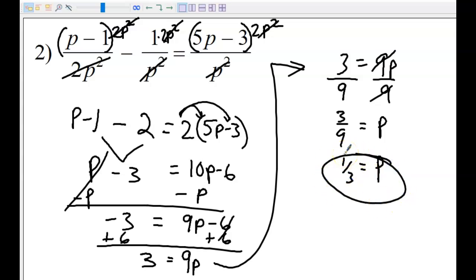So p equals 1/3, and once again, that's not going to make any of these bottoms equal 0, so that's a good answer to keep.